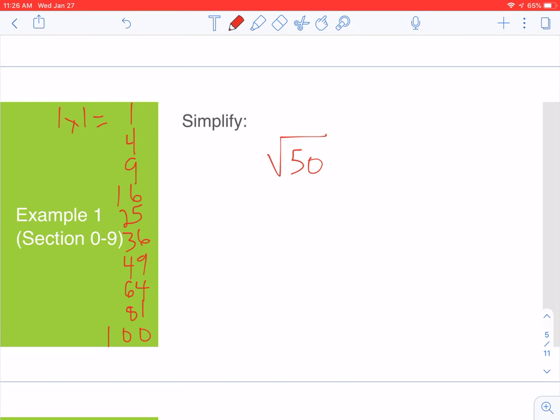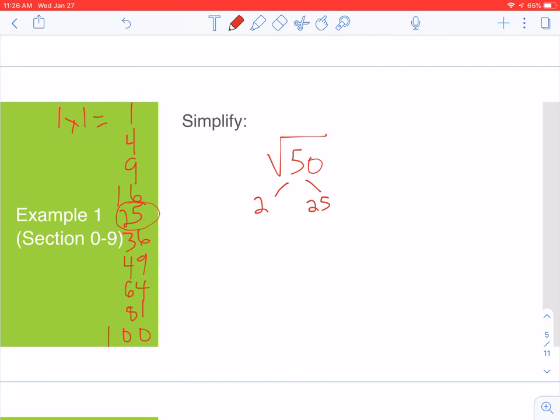Now, a couple different ways to do this. Anytime I see a number, and it's an even number in this case, I can pull out an even factor and solve. So my first factor I'm going to pull out is a 2. Okay? Then I'm going to say to myself, what's 50 divided by 2? Since it's an even number, I can cut it in half. And that number is 25. I look over at my perfect squares, and I see 25 there.